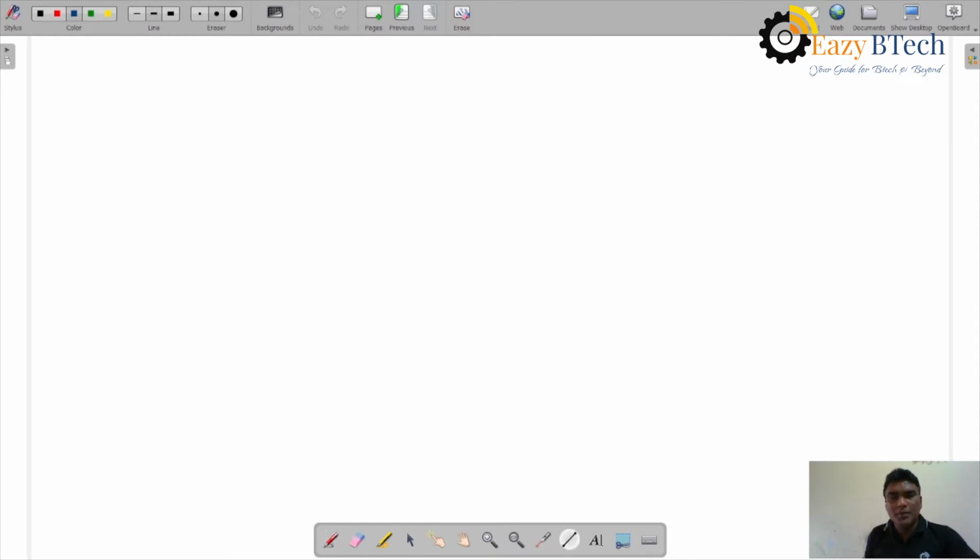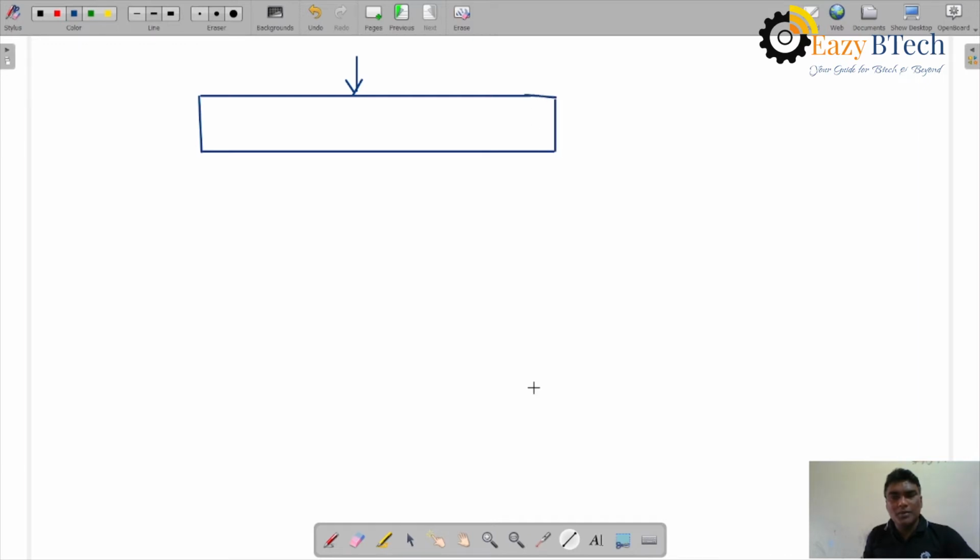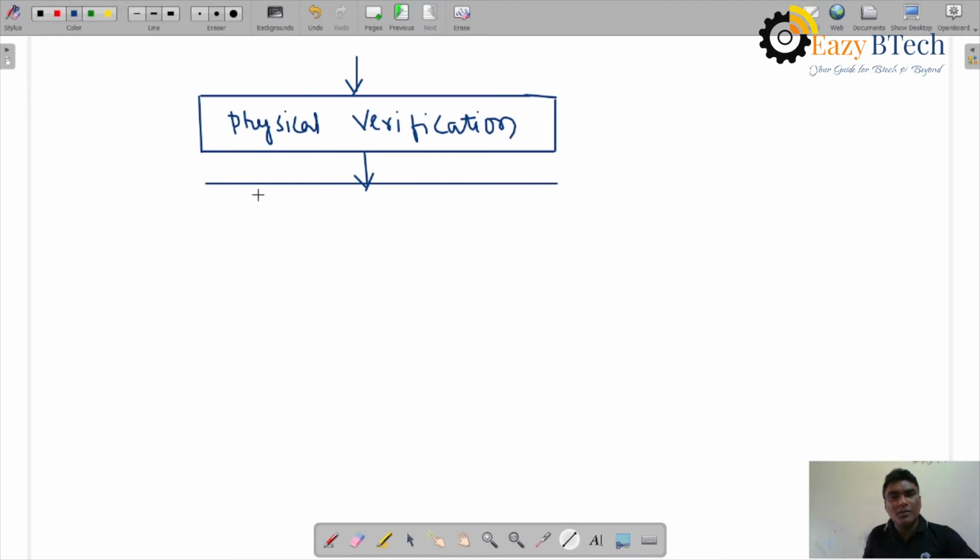Then after timing simulation, you can see physical verification. After physical verification, it will go under the test.